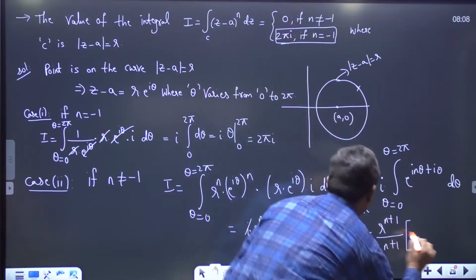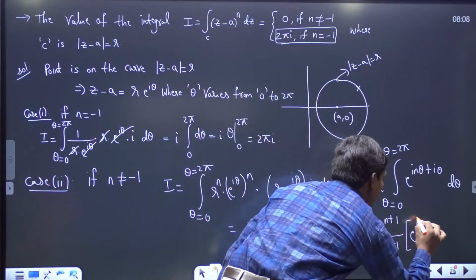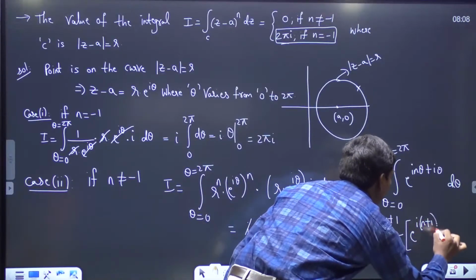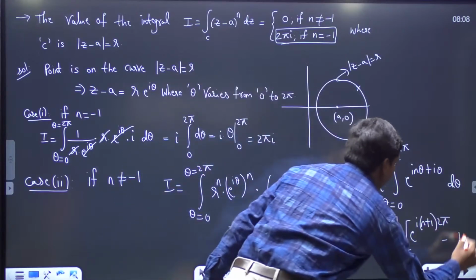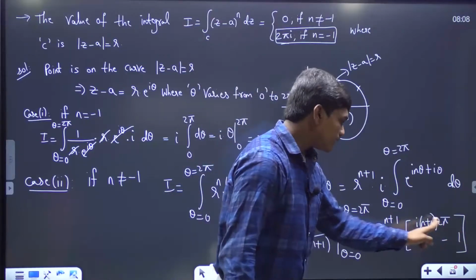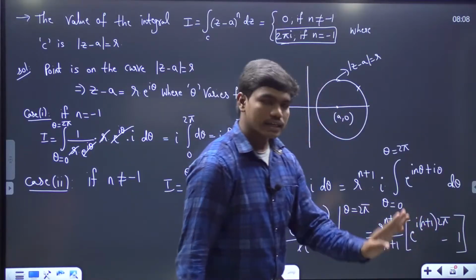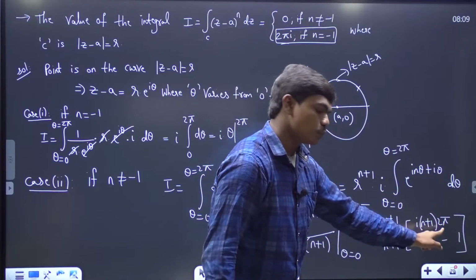See here, e power i of n plus 1 into 2 pi, minus e power 0 which is 1. The value of this bracket is 0. I am explaining why this bracket is 0. n plus 1 into 2 pi is here, correct?